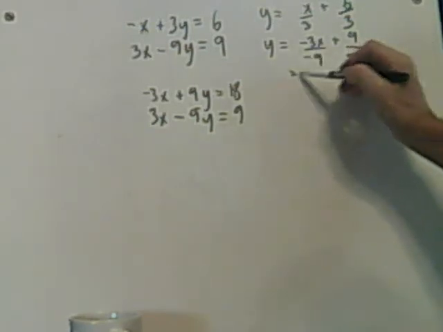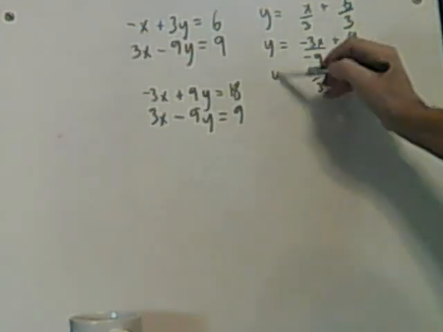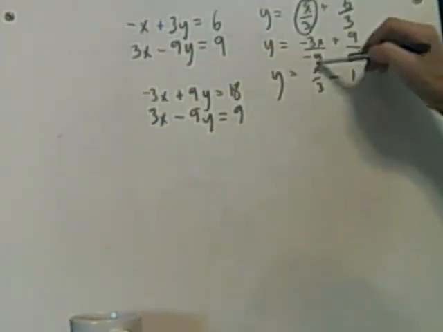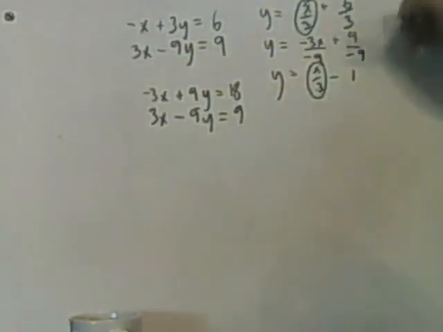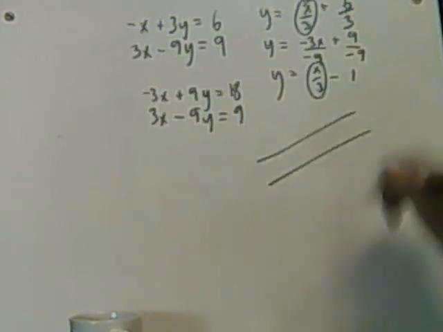And that's just x over 3 again. So the slope of both of these is 1/3, and they have different y-intercepts. These are independent, but there's no solution. It's an inconsistent system because these are parallel lines.